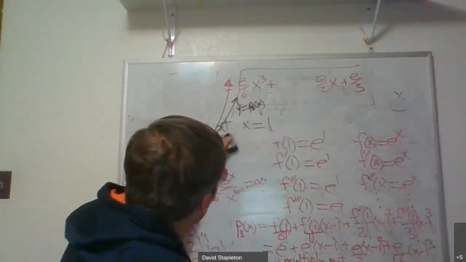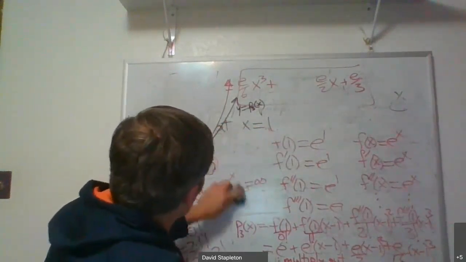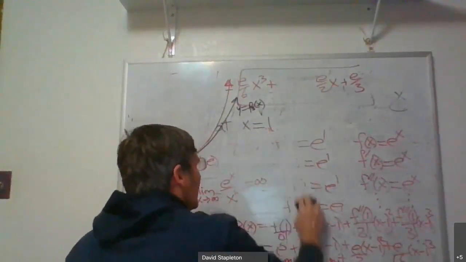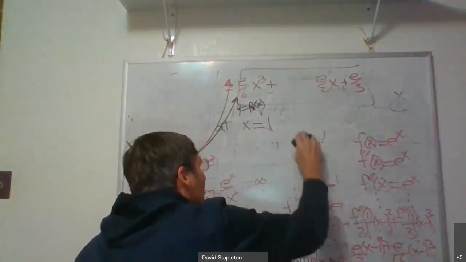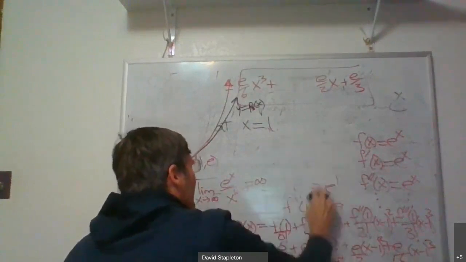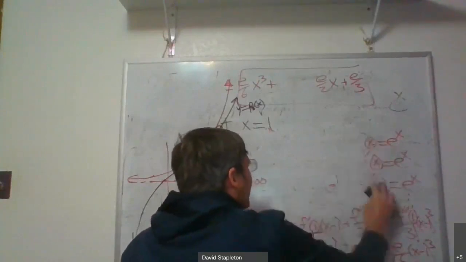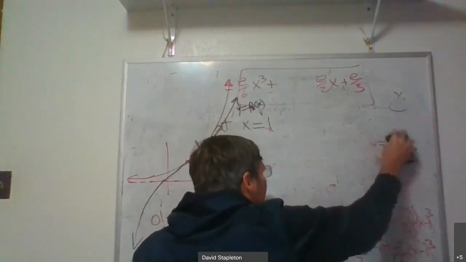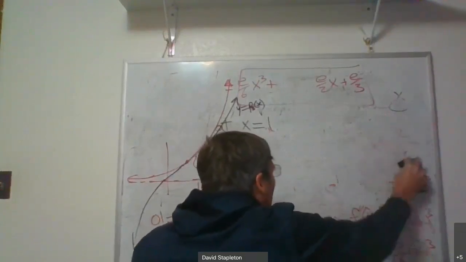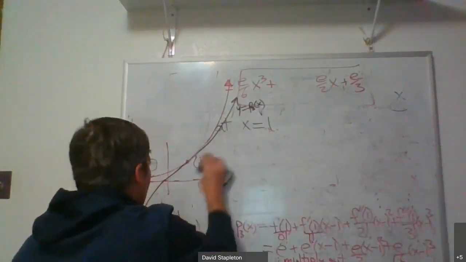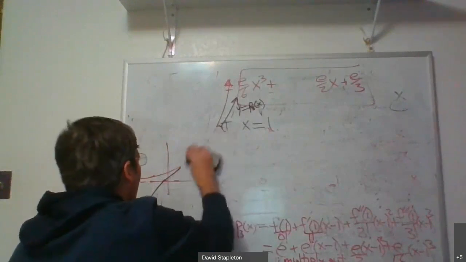All right, so that's one of them. Now it turns out that the most important case of these Taylor polynomials is when the point of expansion, we call it x0, is 0. That's a special case. Why is it so important? The main reason is that it's much easier to write down.